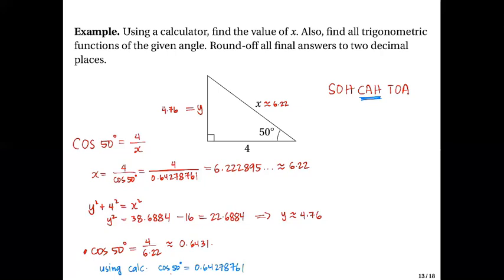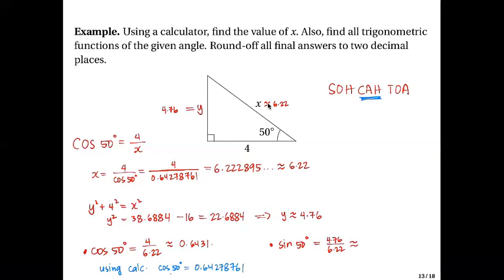How about for the sine? Sine 50 degrees. According to this, now we have opposite over the hypotenuse. So according to this, you have 4.76 divided by 6.22.